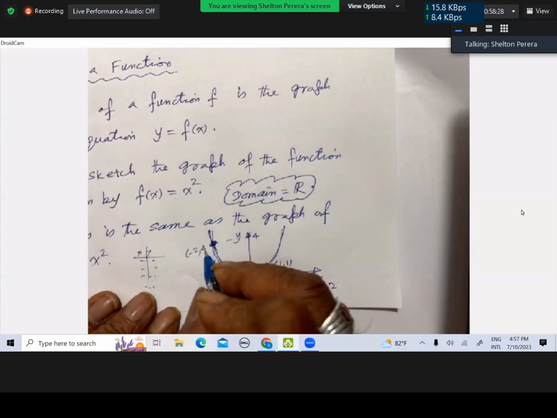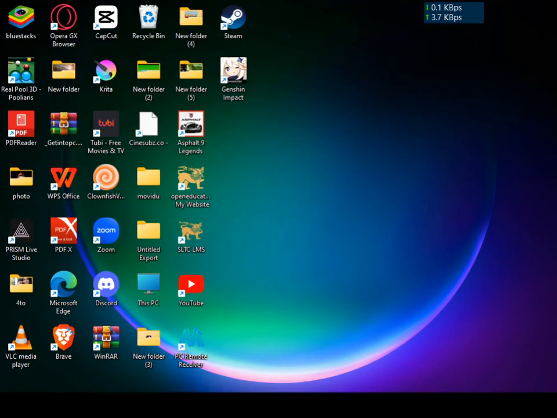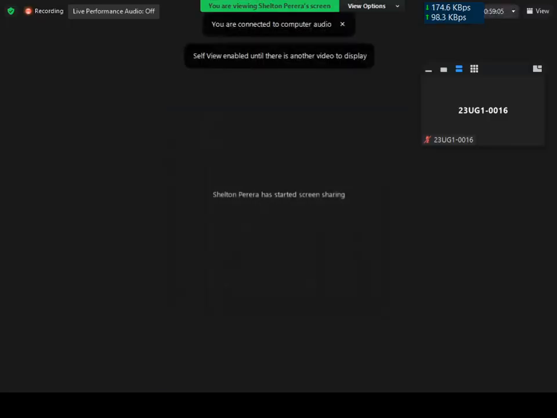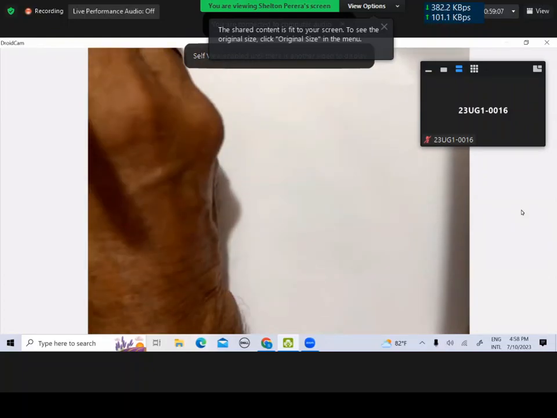Second one, the graph of f of x equals x cubed.